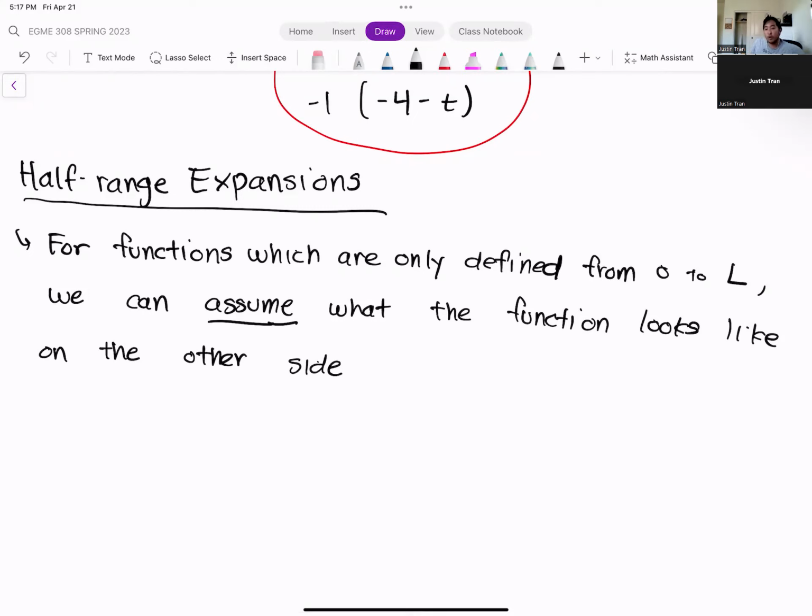There are two half-range expansions that we can always do. We can always assume that the function is either going to be an even function, or an odd function.